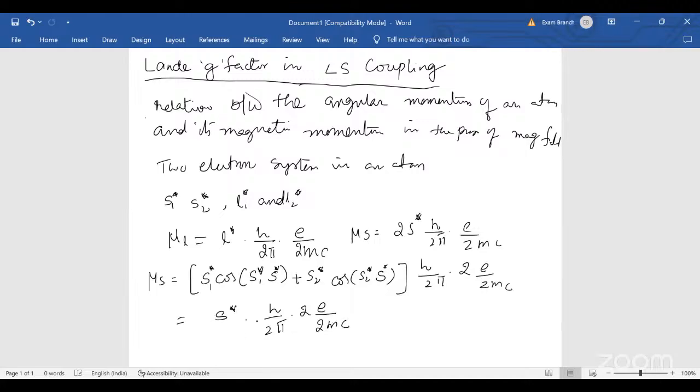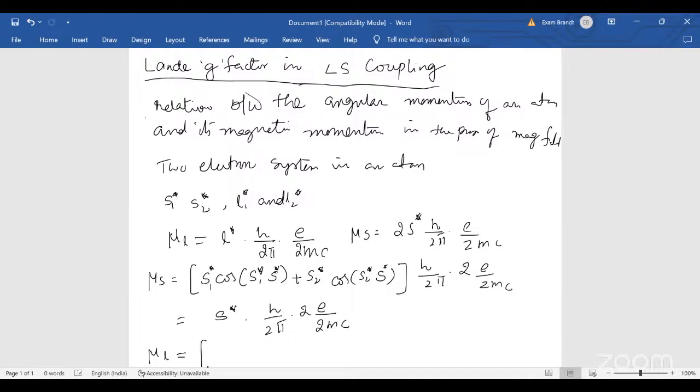Similarly, we have to write the magnetic moment of orbital motion. That is mu L. We are writing this for a two electron system.